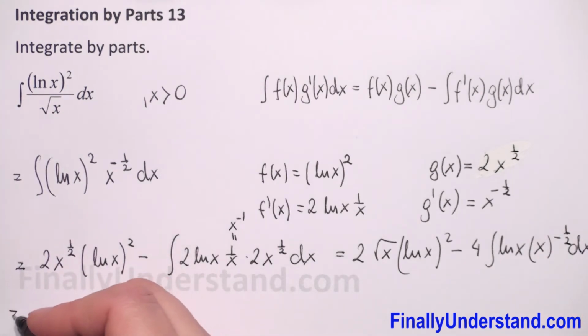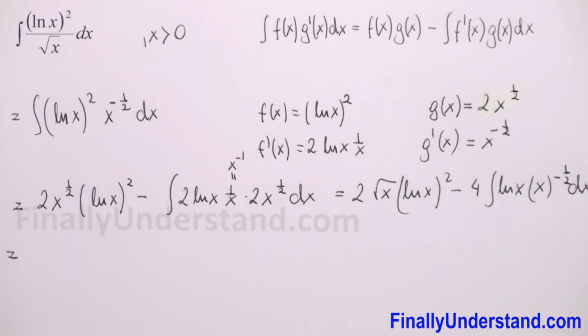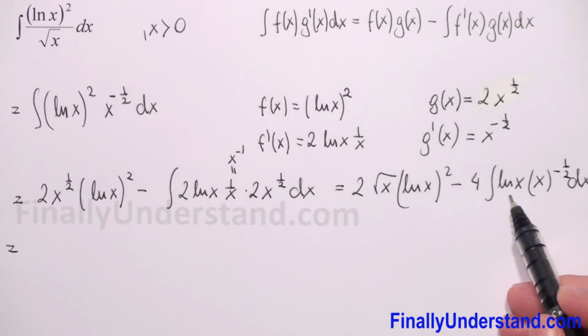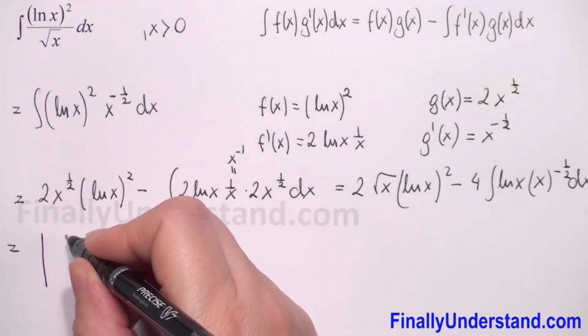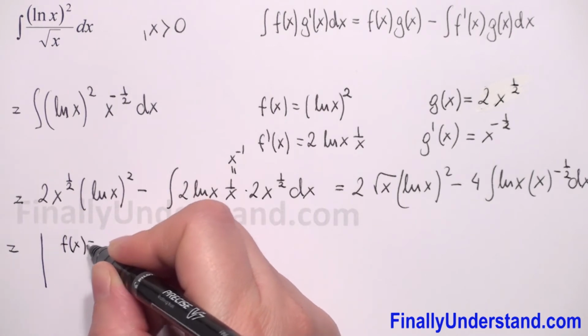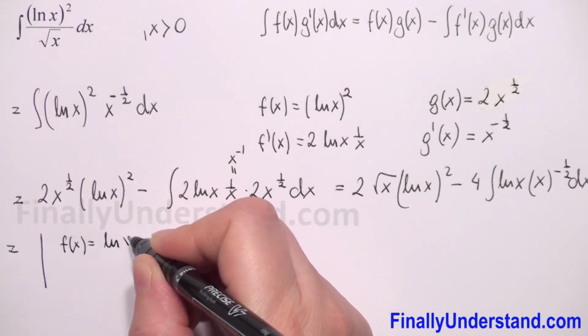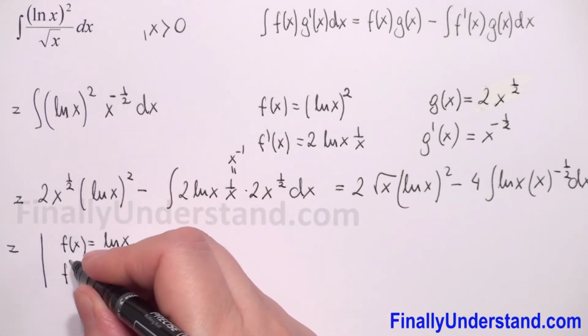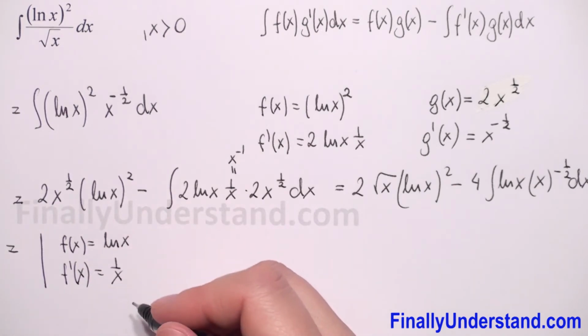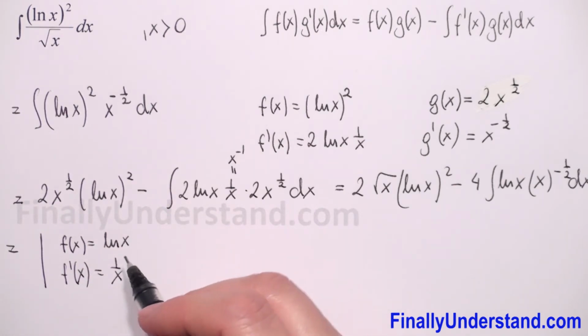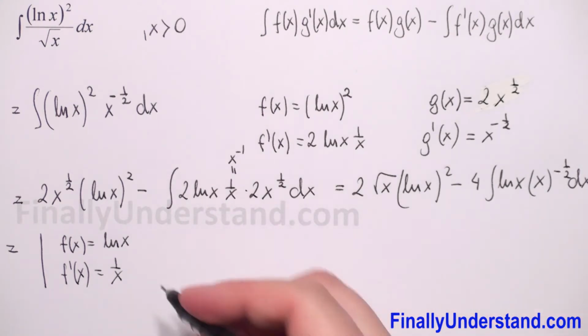So now, to reduce this natural logarithm of x, we need to do integration by parts one more time. Again, I will put f of x equal to natural logarithm of x. So f prime of x will be 1 over x. Whatever is left must be our g prime.